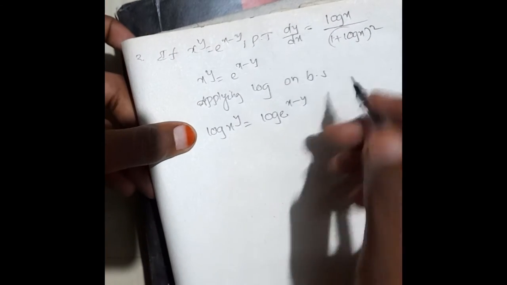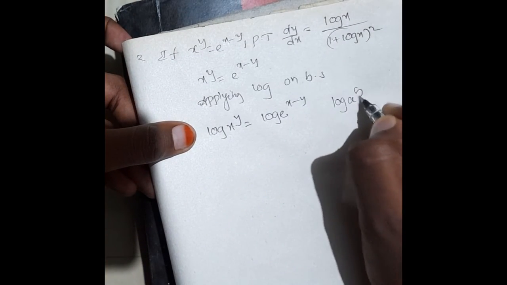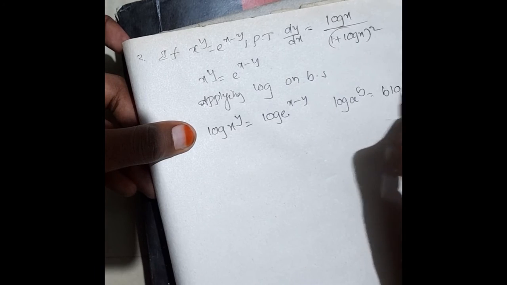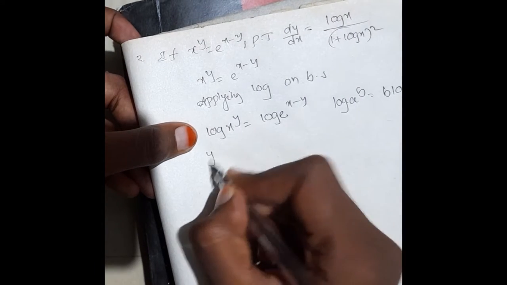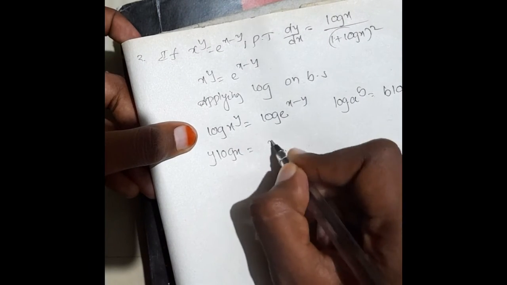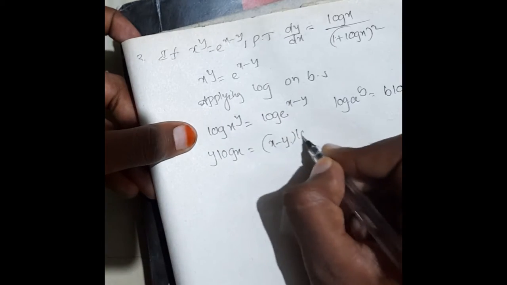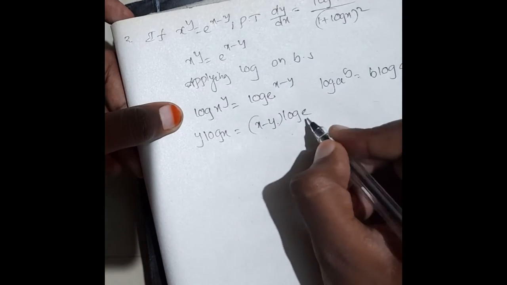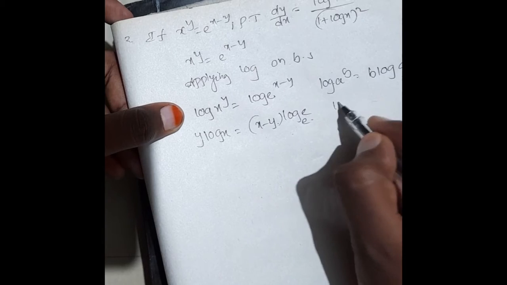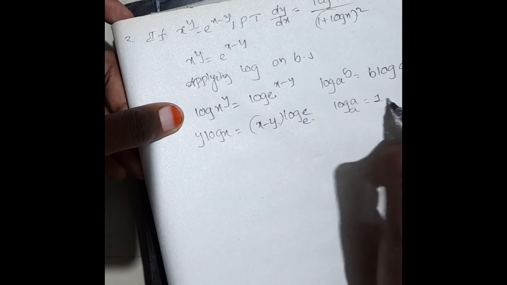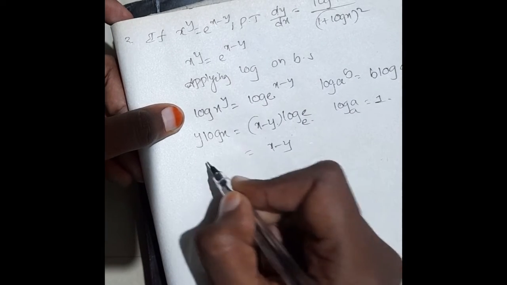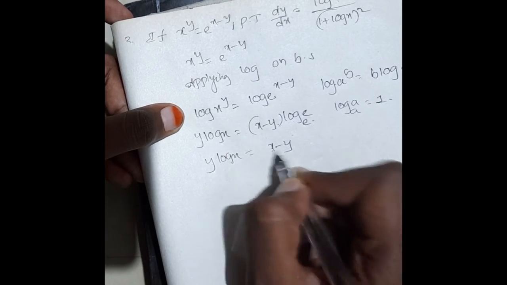Now in the last problem also we used the property log a^b = b log a. So now y log x = (x - y) log e. Generally we will have the base as e. So log e to the e is always 1, right? So it is x - y.